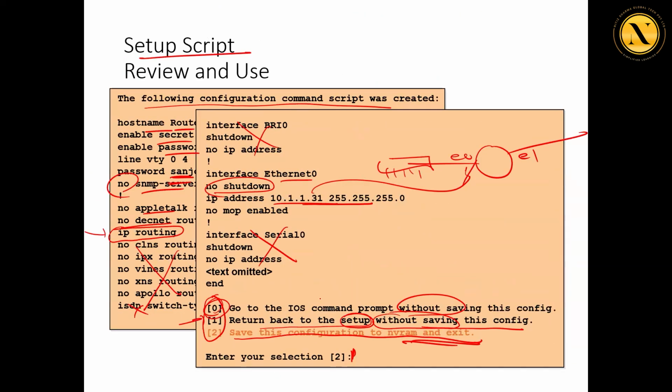If you type 0 there, it will take you to user mode, and again you'll have to type everything again. No password saved, nothing. Got it? But we are not typing 0 or 1. Default is 2, and that's good. So it will now save it in the NVRAM and exit.